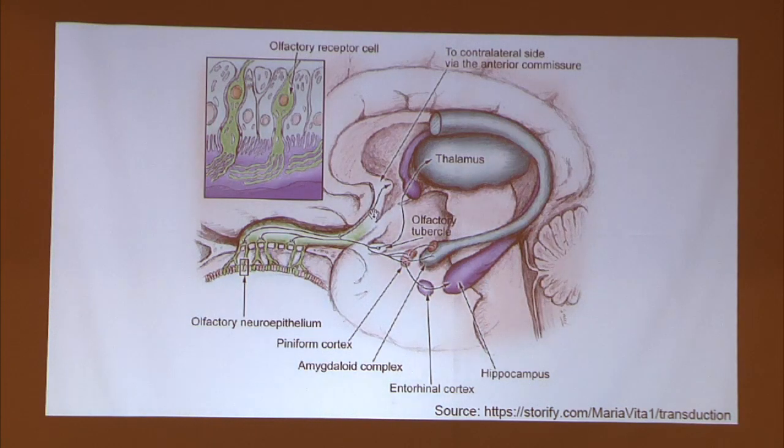There's only a few types of nerves that don't go through the thalamus before touching on other areas of the brain, and the olfactory nerve is one of those special ones that can synapse with other parts before going through the thalamus, which is usually where everything is sent off to different parts of the brain. So that's why sense of smell can tap into memory or tap into fear or other emotions and be quicker.